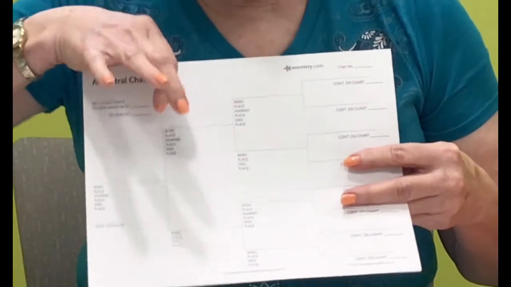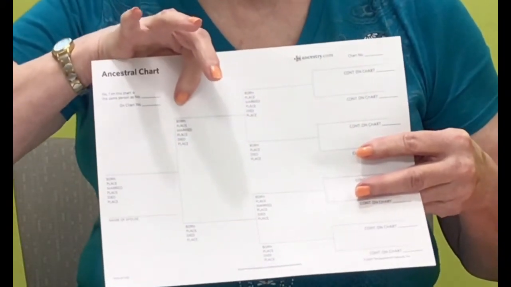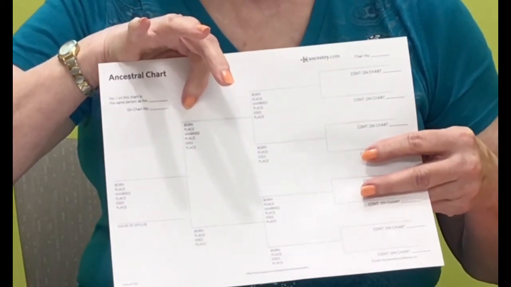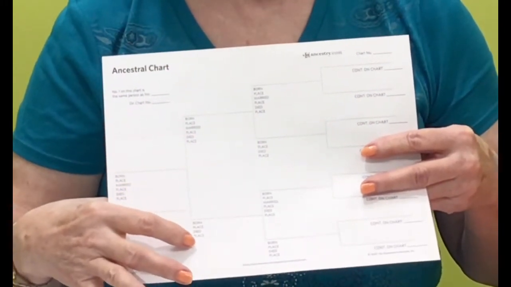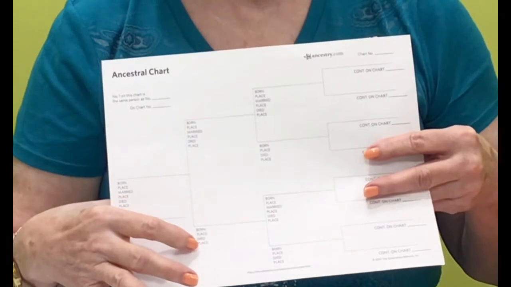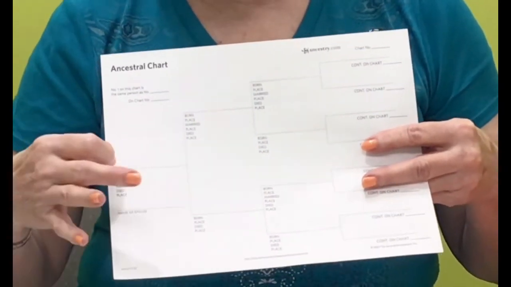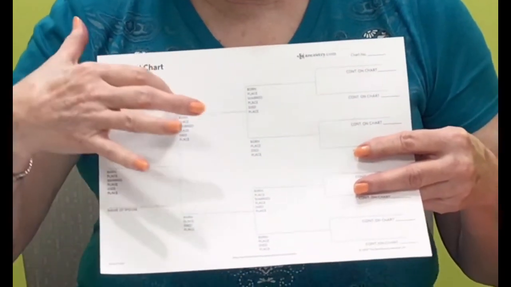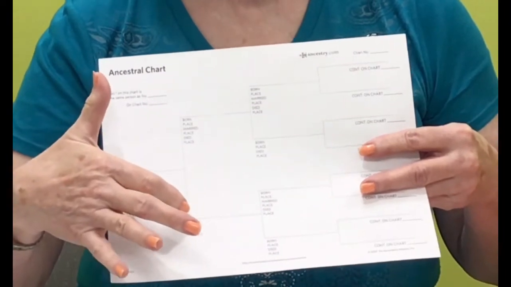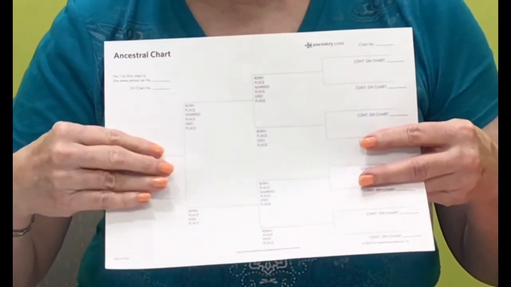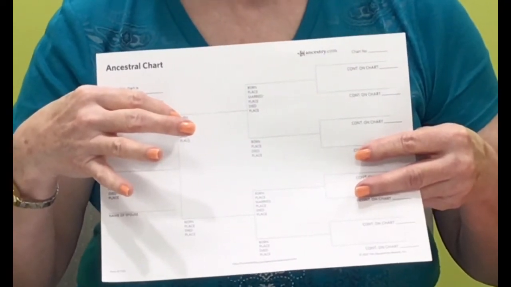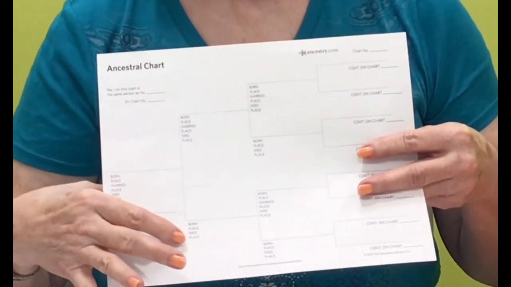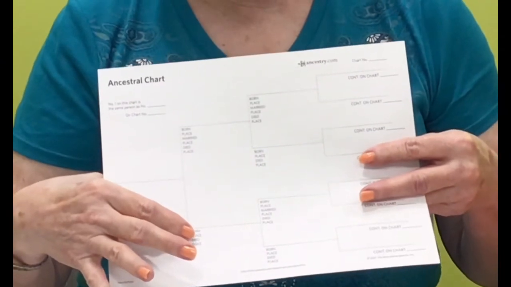Then, at the top of the form, this will be your father and his information. And this is your mother and her information. You will be number 1, number 2, number 3. After yourself, the males in the family will be the even numbers and the female the odd numbers.